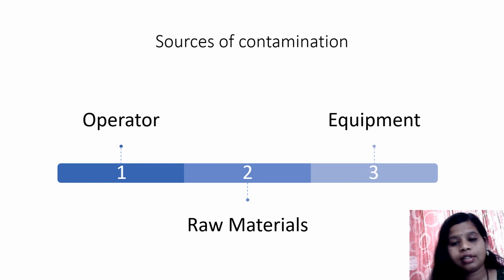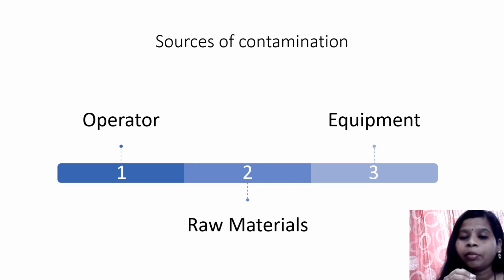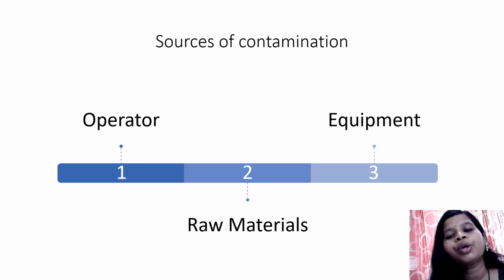Along with this, sometimes there will be degradation of the product due to these accumulated products, or sometimes the material of the equipment is going to have corrosion, and this corrosion can behave as a source of contamination.